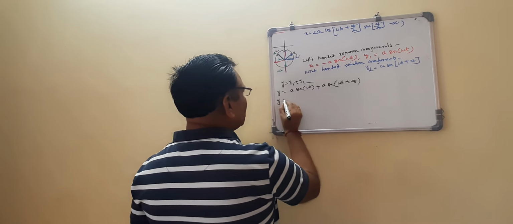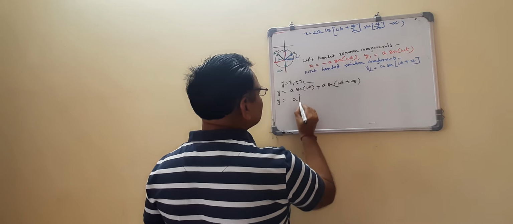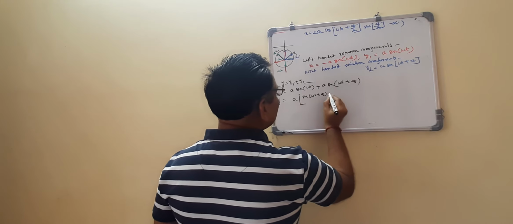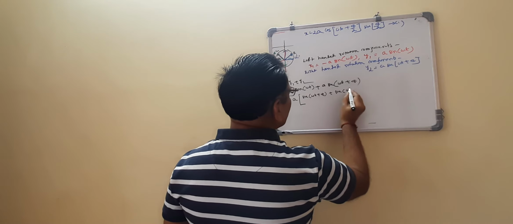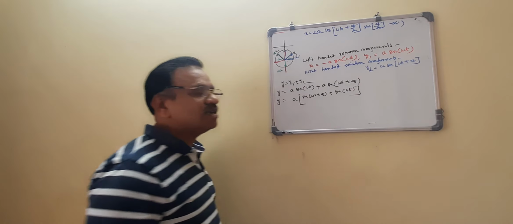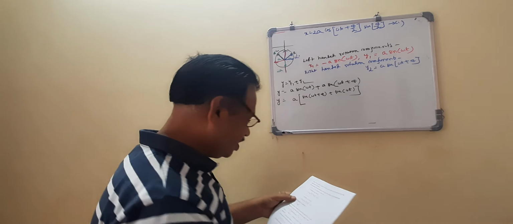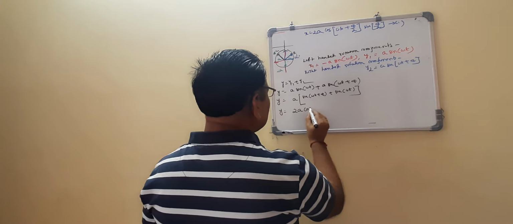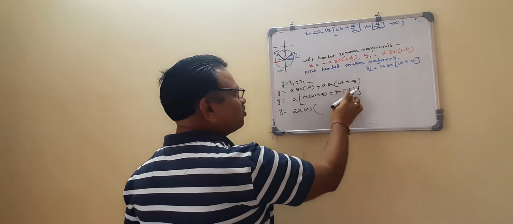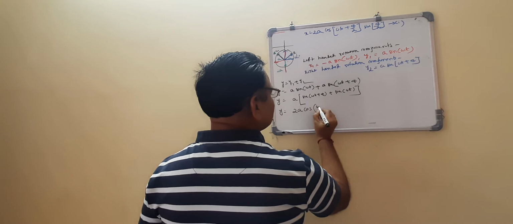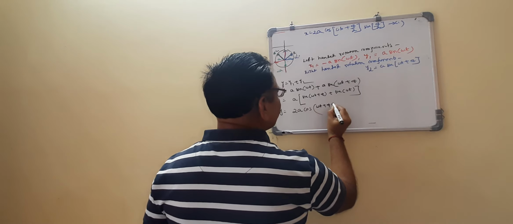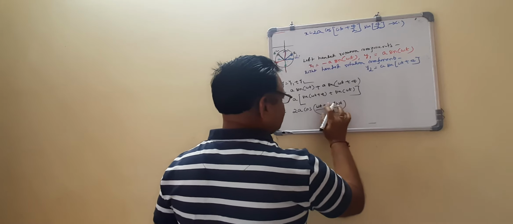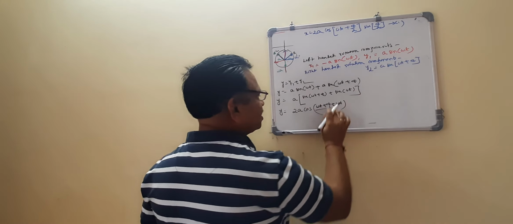Then y equal to, a is a common factor, sine of omega t plus phi plus sine of omega t. Use the formula sin A plus sin B. y equal to 2a into cos of (a plus b) by 2, omega t plus phi plus omega t divided by 2, phi.